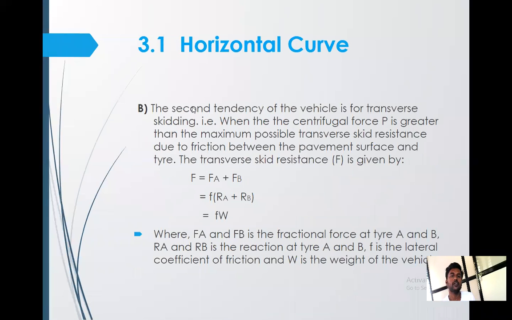What is the second tendency of the vehicle? To go for transverse skidding. The second condition is transverse skidding, that is when the centrifugal force P is greater than the maximum possible transverse skid resistance due to the friction between the pavement surface and tire. The transverse skid force F is equal to FA plus FB.